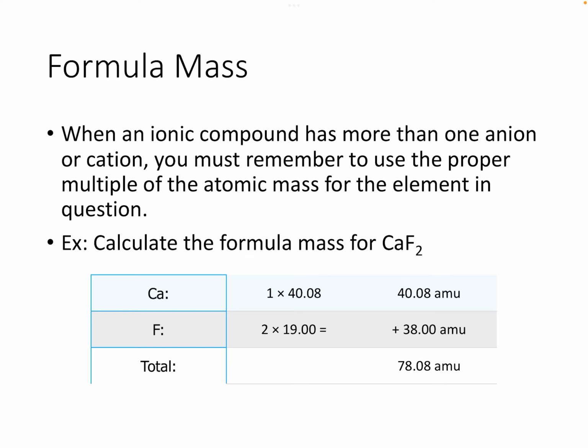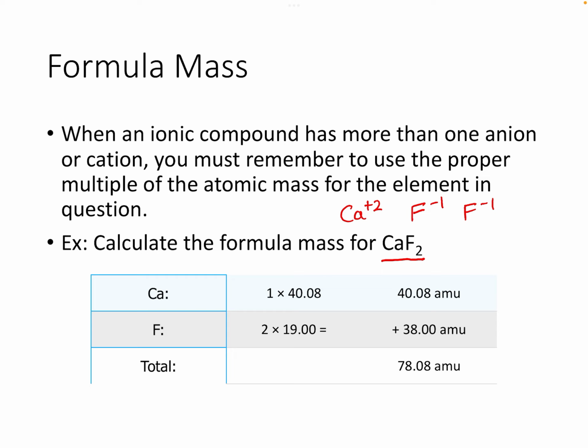For calcium fluoride, we have the calcium 2+ ion, and then the fluoride ion is a negative 1 ion. So we actually need 2 of them in order to balance the charge on calcium. So the overall formula is CaF2. That means that we do need to multiply the mass of the fluoride ion by 2.